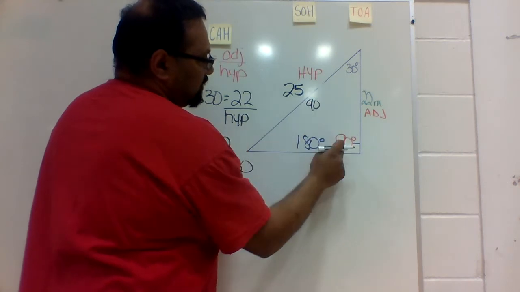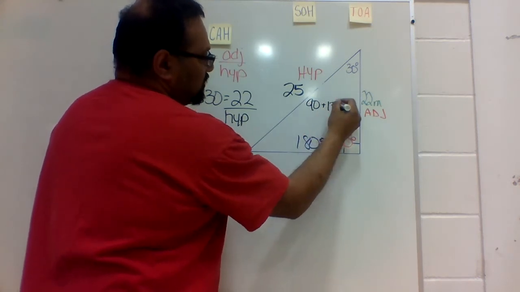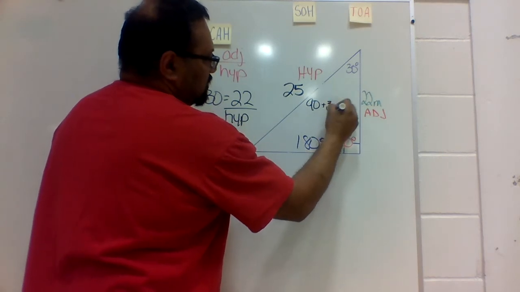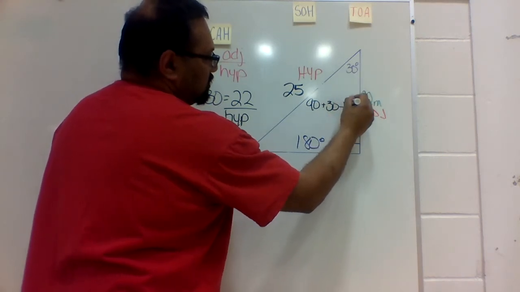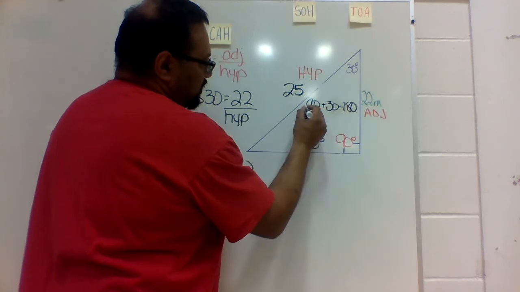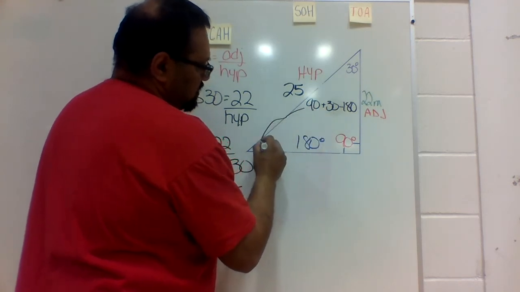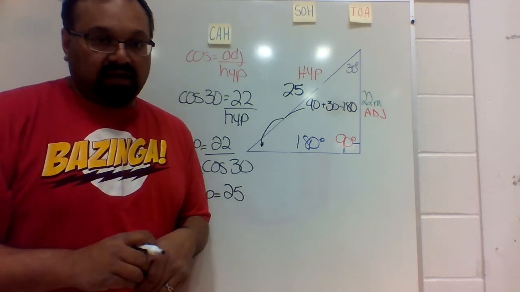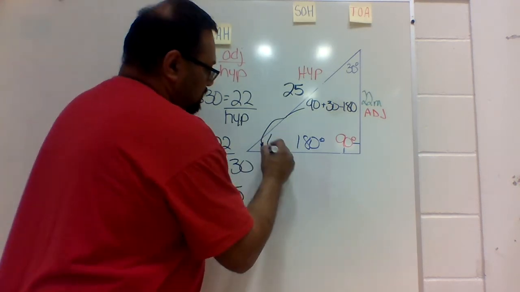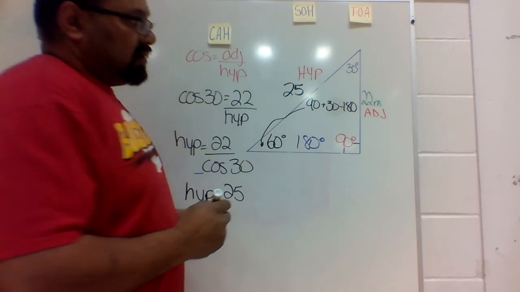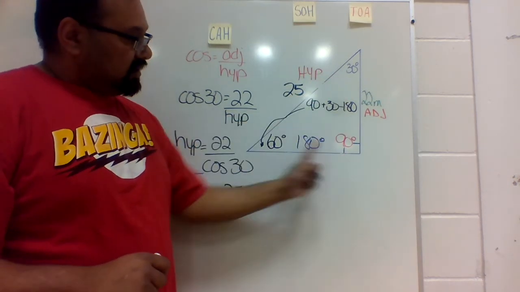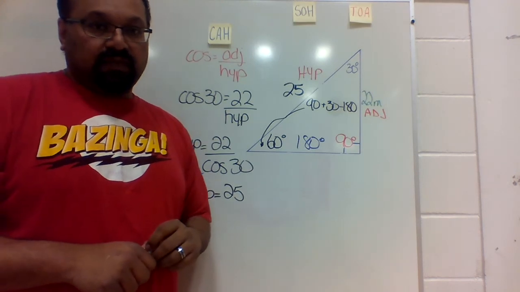That 90, plus 30, minus the total of 180 will give us this angle. Well, 120 minus 180 is going to be 60. So therefore, our interior angles are 30, 90, and 60 degrees.